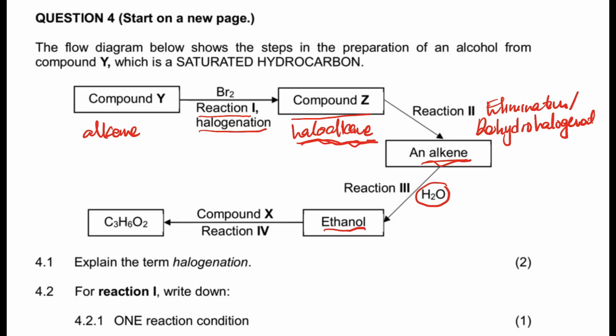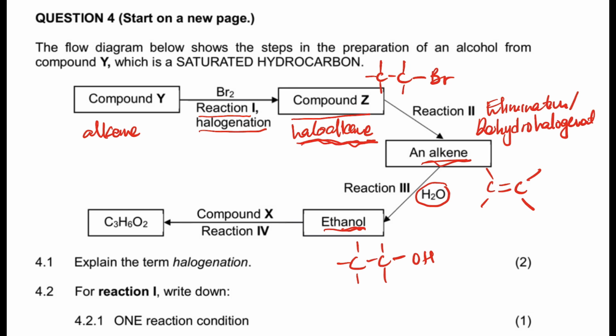So if water is added and it becomes ethanol, what is ethanol? Ethanol is this with the OH. So this alkene was ethene, right? This haloalkane was this, with the Br there.